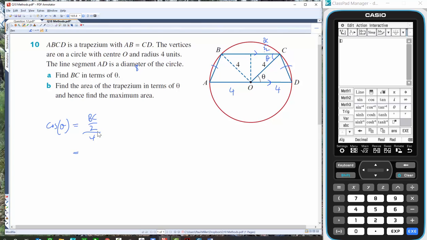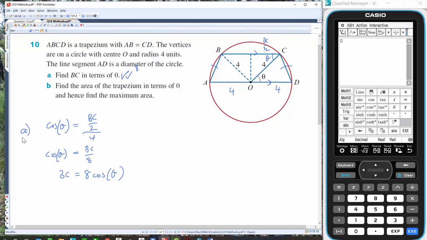Which is actually the same as BC over 8 equals cosine theta, and that means BC is going to be 8 cosine theta. All right, so find BC in terms of theta, done.